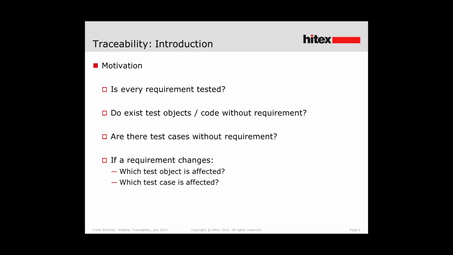Then it is important to find out which test cases are involved, which test cases maybe need to be changed, and which test object is affected and needs to be changed because the requirement has changed. If you don't have a linkage between requirements and test cases, it's very hard to find out which test case needs to be reconsidered if a requirement was changed. We will see how this is done in TESSY later on in the live presentation.